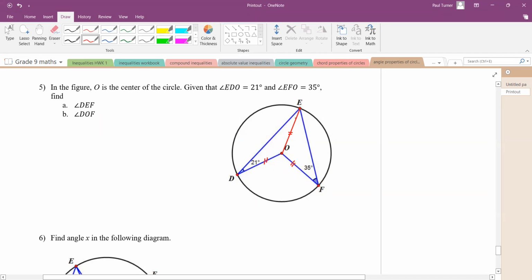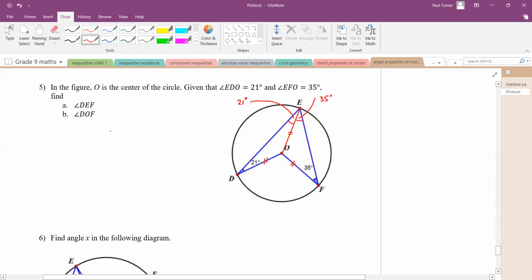As we know, the base angles of an isosceles triangle are equal. So if this is 35, this angle up here is also 35. And this angle is 21, which means that this angle up here is also 21 degrees.